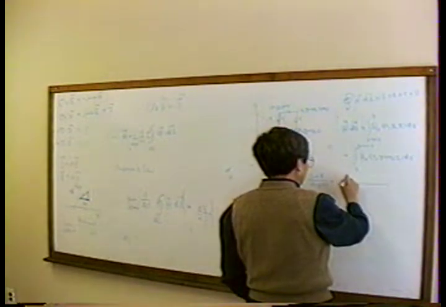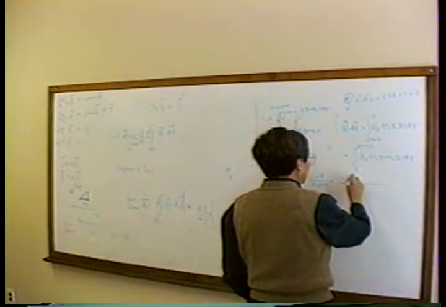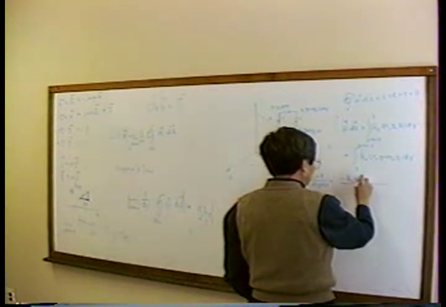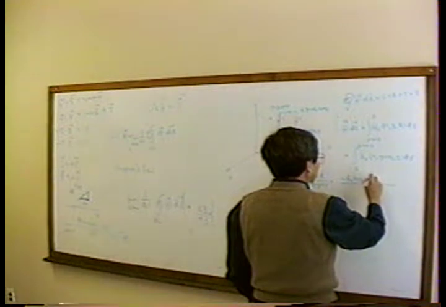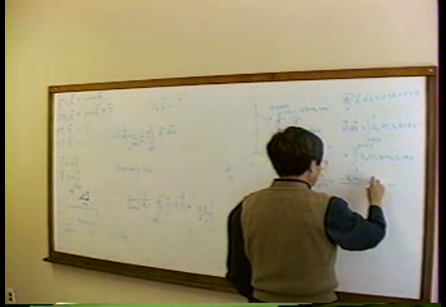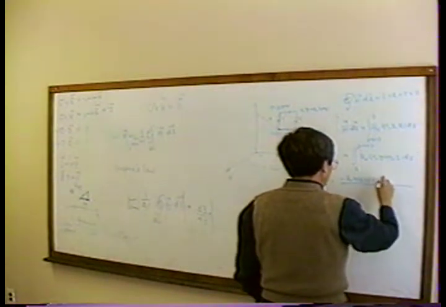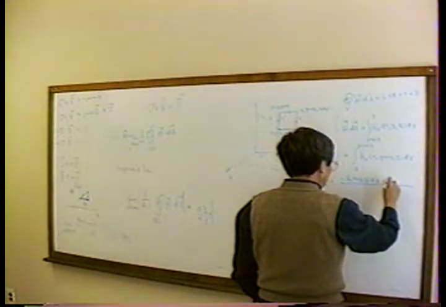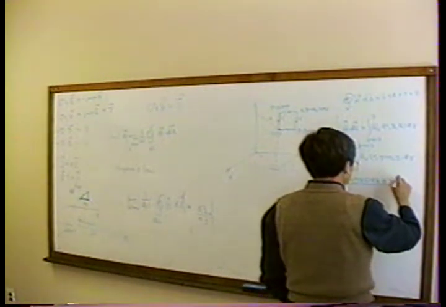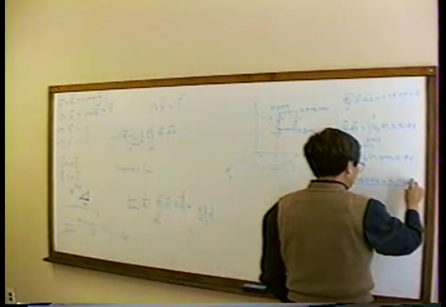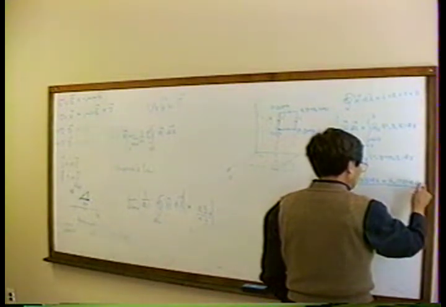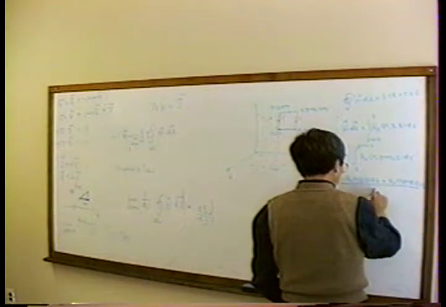So minus Hx(x, y, z) delta z plus Hx(x, y plus delta y, z) delta z, divided by delta y delta z.